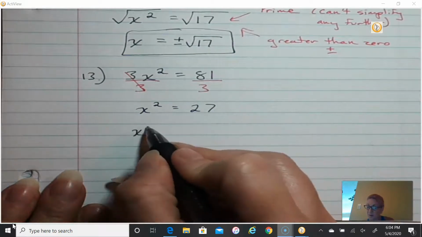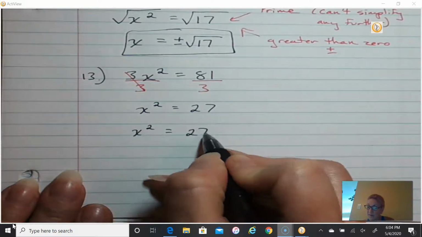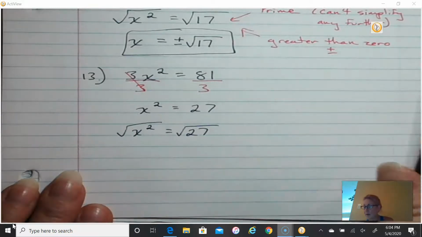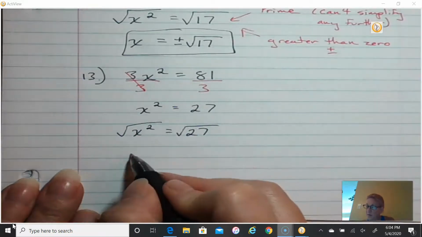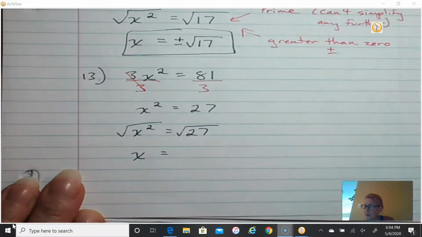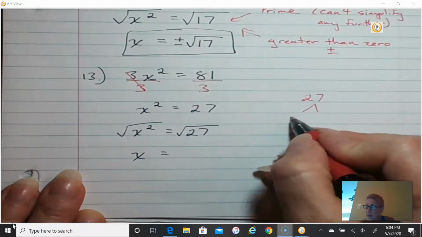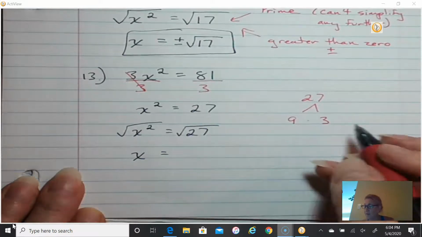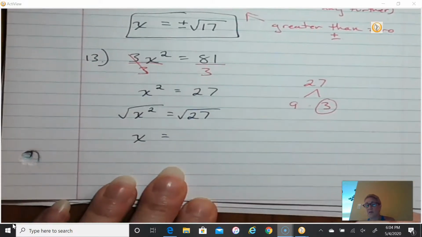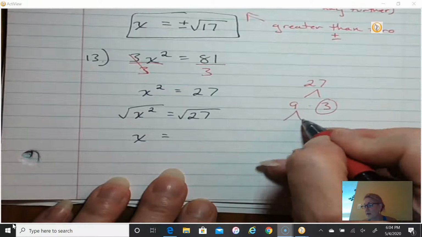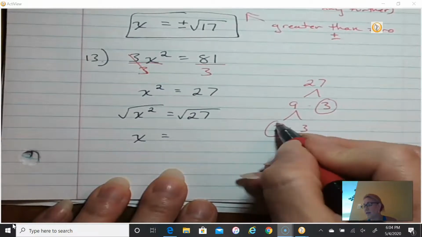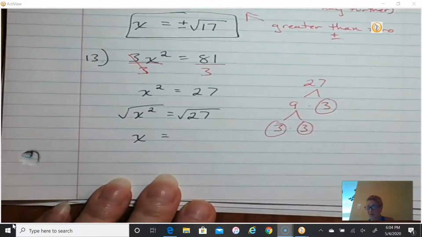Okay, so step 2, we need to square both sides. All right, the square root of x squared is just x, and over here we're going to do our factor tree of 27. 9 times 3 gives me 27, and we circle our 3 because it's prime. 3 times 3 gives us 9, so we circle those 3's.